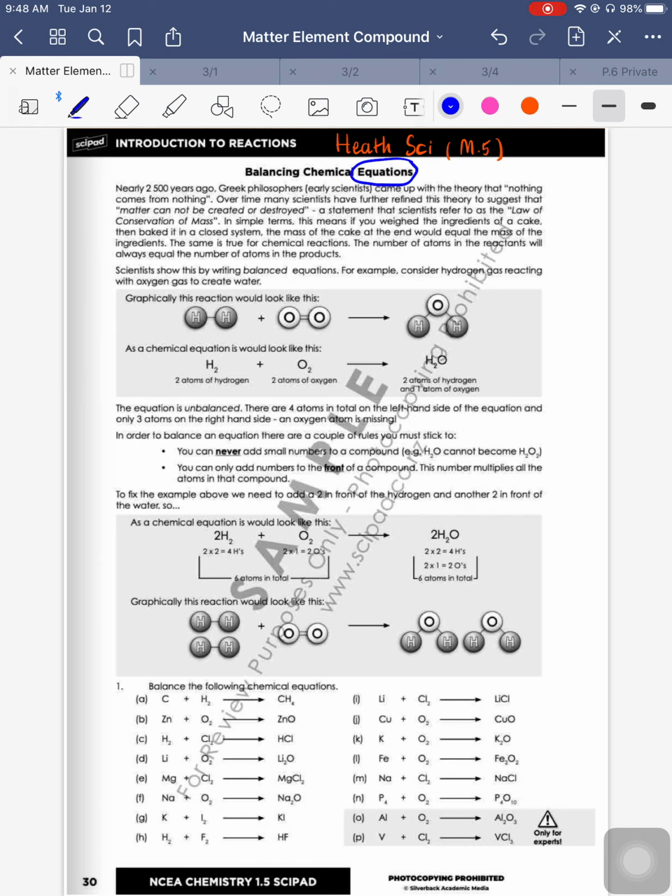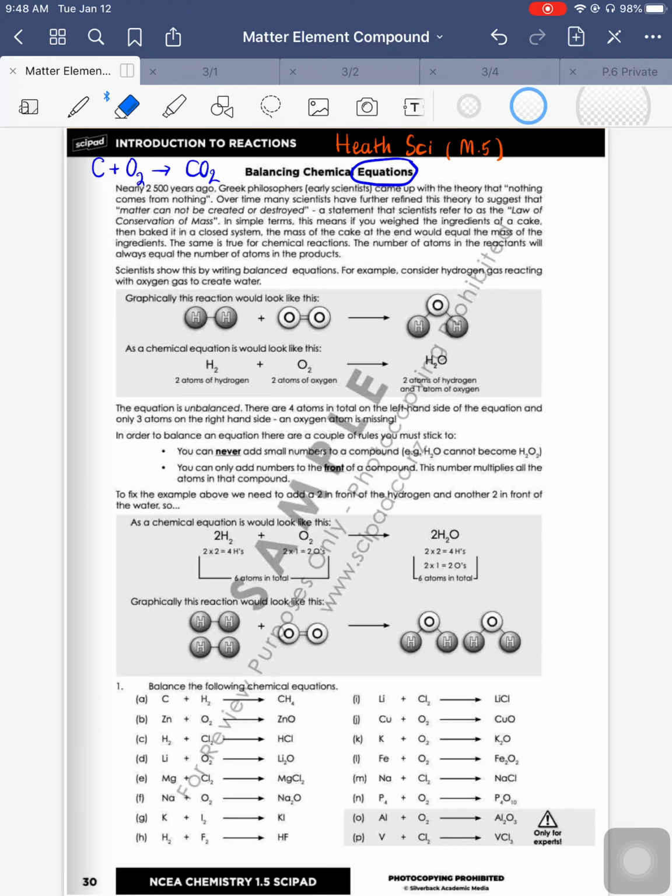We have to know that, right? So if you write an equation, for example, carbon reacts with oxygen, so it will form carbon dioxide, right? This is the symbol of the equation.